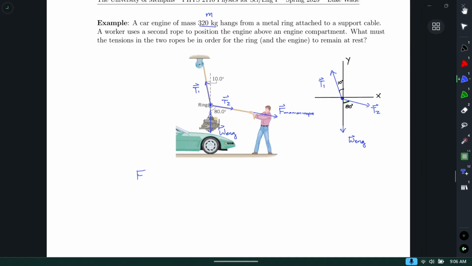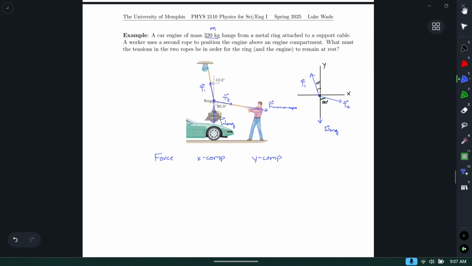Let's use that to fill in our table. So we got T1, T2, and the weight of the engine.